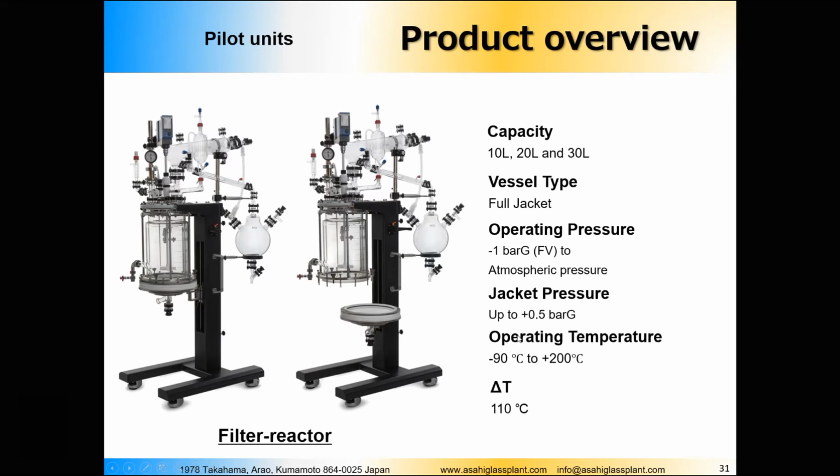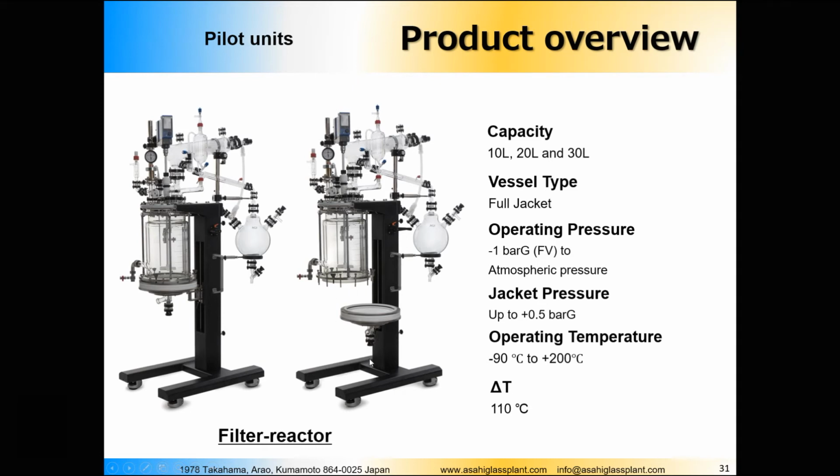Design is pretty much the same in terms of the characteristics, except for the operating temperature, which can go down to -90. In terms of the design, the difference is that we have a little knob over here that can be rotated, and by means of the rotation you will lower the bottom part.